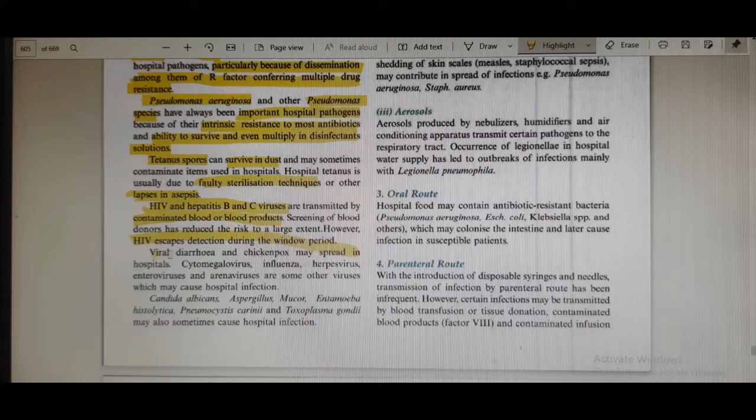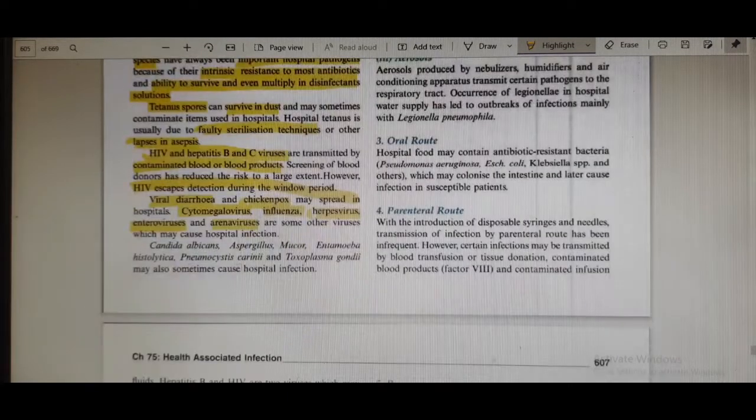Viral diarrhea and chickenpox are also a few infections that are observed in patients. Then we have cytomegalovirus, influenza, herpes virus, enterovirus, and arenavirus. So these are the different viruses that might cause hospital infection.